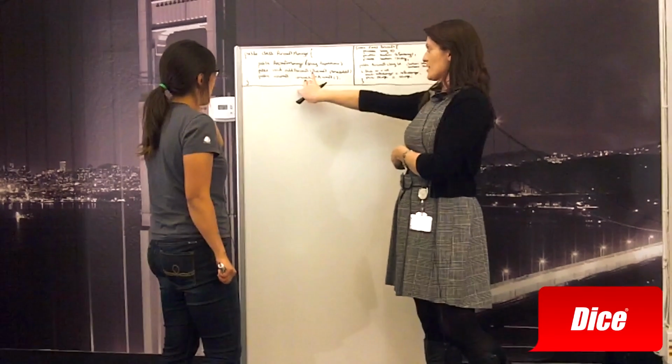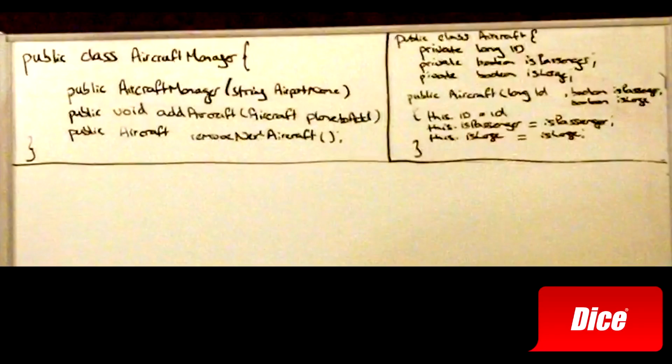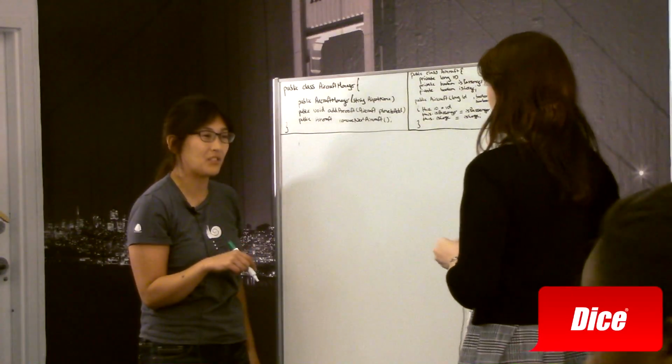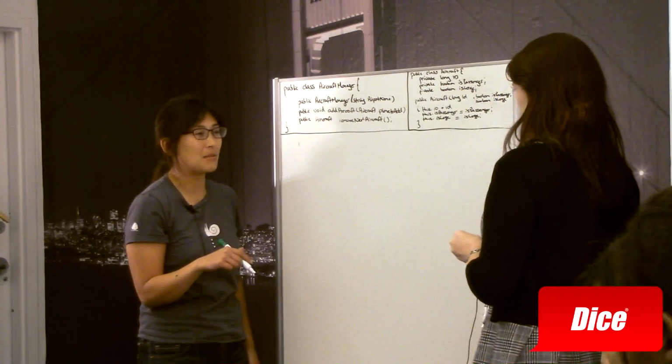The key piece here is the order in which you want airplanes to take off: passengers go before cargo, and the bigger plane goes before small planes. Can I write that down? Sure. So if it's a passenger and it's bigger, that's the most important.